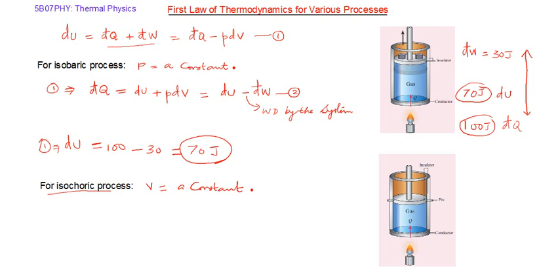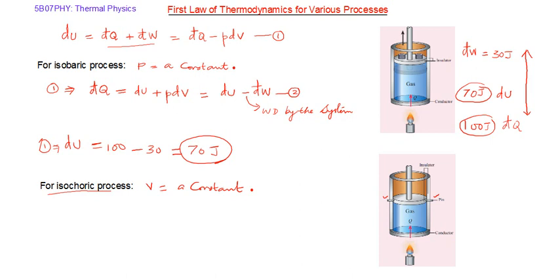It has been shown in the right side figure. I have taken the same system. You can see here there is a heat source which provides heat from outside through a diathermic bottom part of the cylinder, and the piston has now been kept fixed by stoppers on both sides. Some pins are used to keep the piston fixed in place.